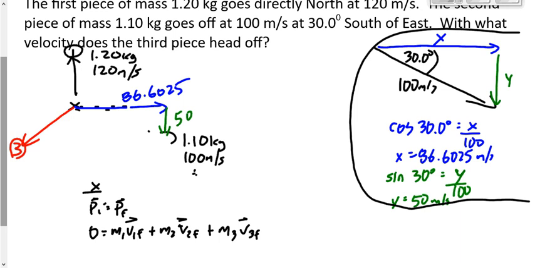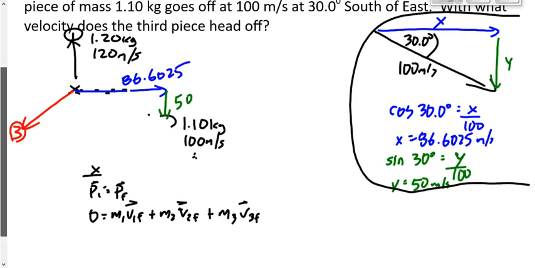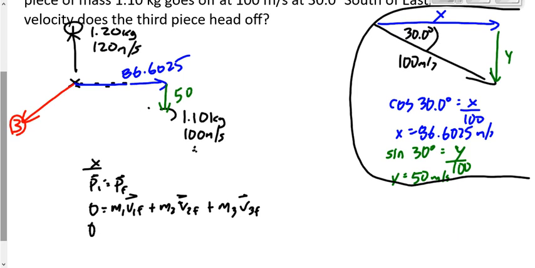Oh, I so wish the masses of these 3 pieces were the same, because then I could cancel, right? They're not, though. M1 is 1.2. What's V1F? Evan, what's the x component of that 120 meters per second? 0, right? So we're going to cross that off.